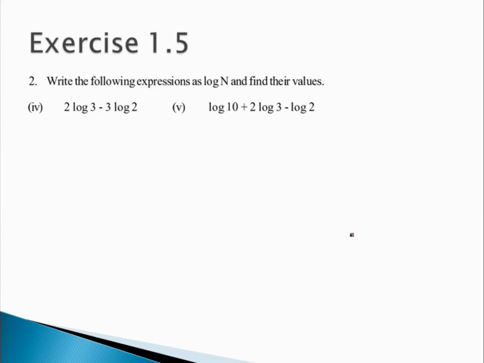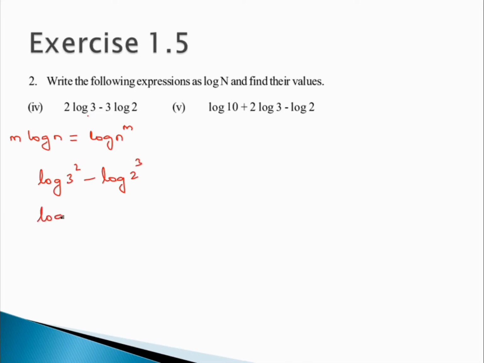Let's look at the next sum. Okay, as I have said in the earlier sums, we always have m log of n, and I can write this as log of n to the power of m. Using this logic, I can rewrite these values as log of 3 square minus log of 2 cube.